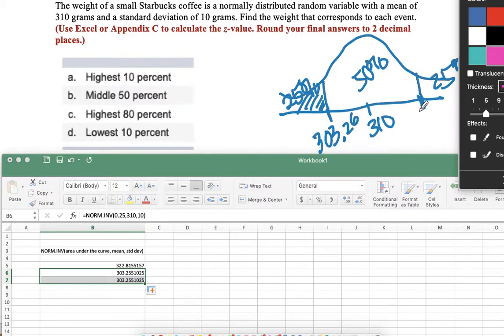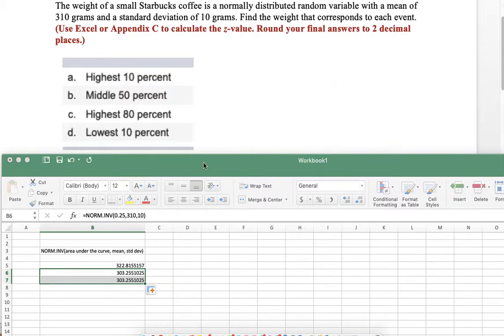In order to get this one, we have to look at all of this area below it. So 50 plus 25 is 75, or 0.75. We're going to use that to get the upper limit.